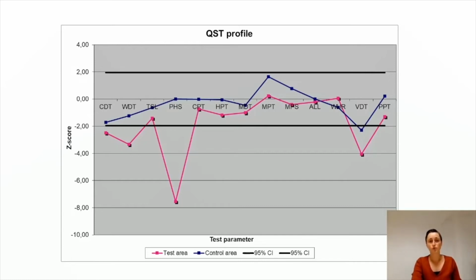Whereas the control location is actually normal, in the test location where the pain or neuropathic symptoms are present, paradoxical heat sensations were being experienced. So we call this QST profiling, and it helps us understand the distribution of abnormalities within a given patient. But we can also compare different patients or different disease groups.